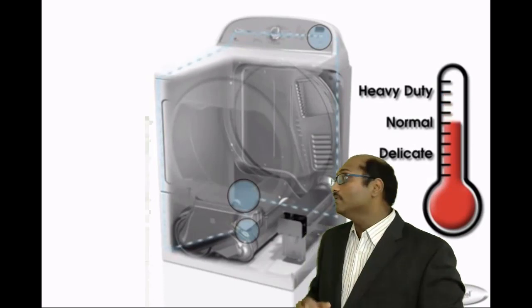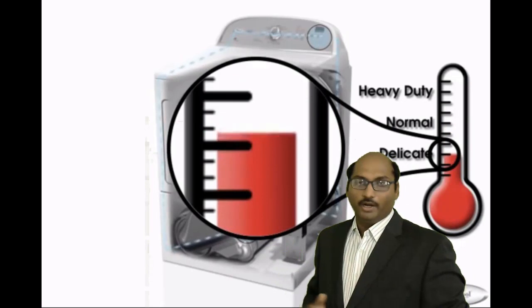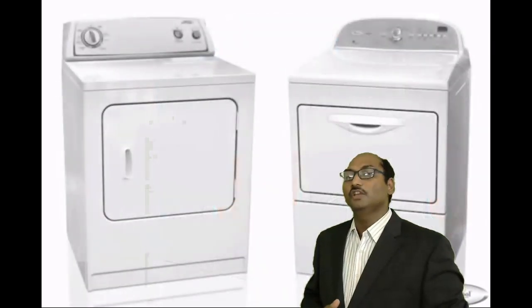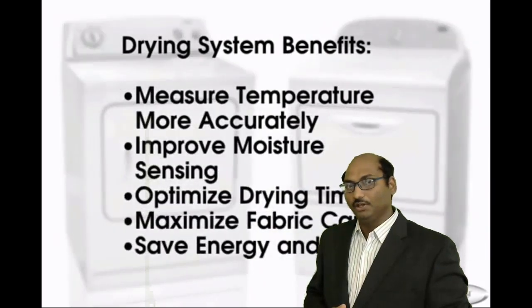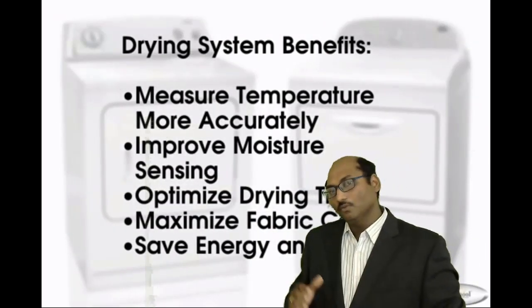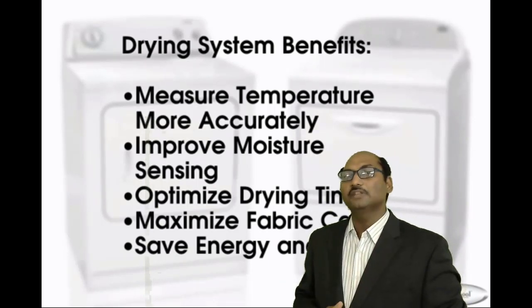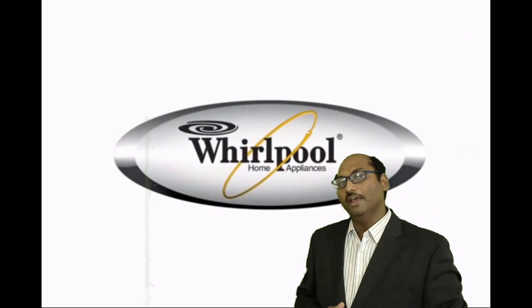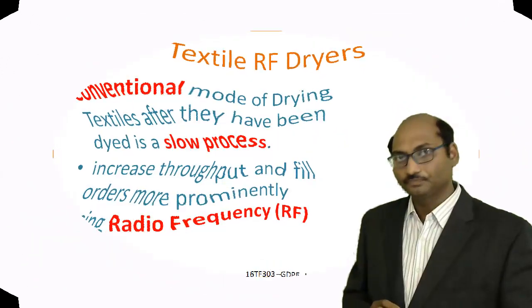The same principles are used in an industrial tumble dryer also, but the only change is the operating capacity. A normal domestic tumble dryer will have below 6 kgs, but an industrial dryer will be like 100 to 500 kg.